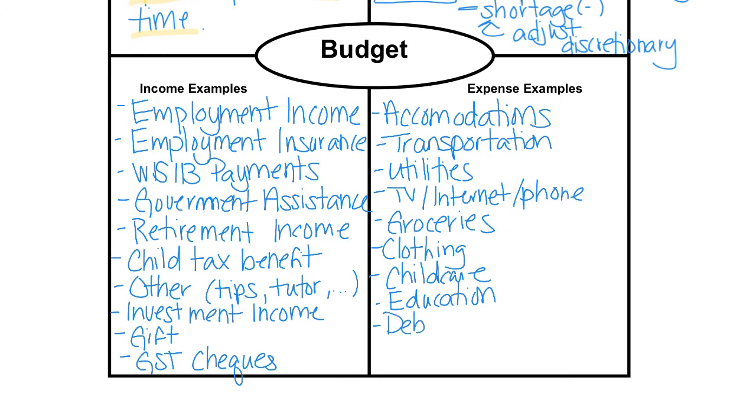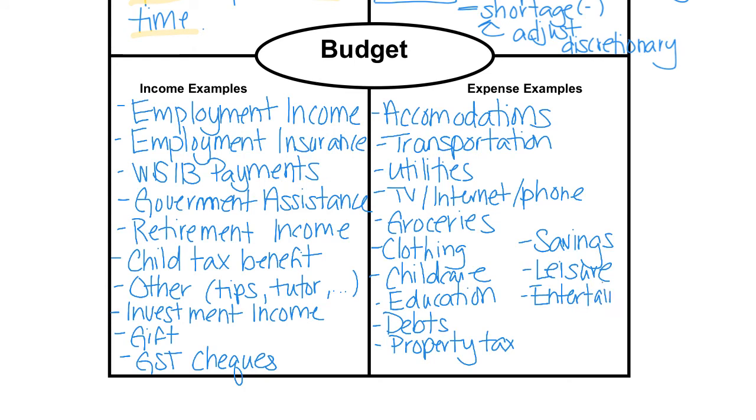Maybe after you leave school, you might have some debt that you have to pay monthly. If you own a house, you might have property tax. Also an expense is when we put aside money into our savings, and then we have those leisure expenses or entertainment as well. Okay, so there's some examples for you.